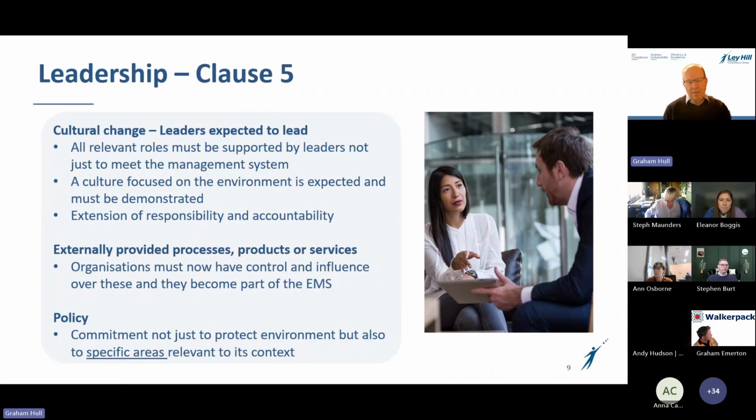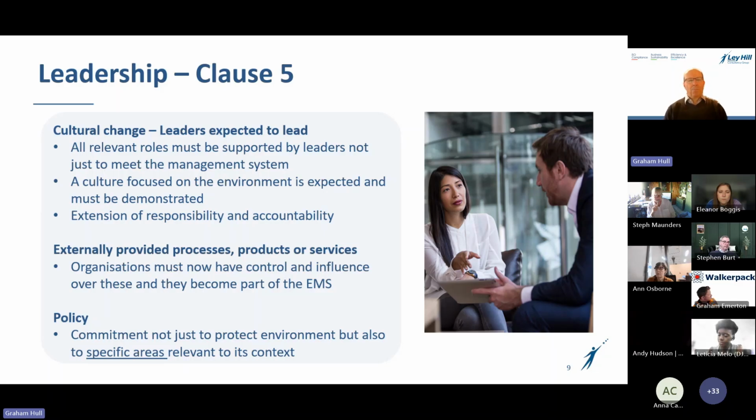In clause 5, leadership, now there's very much more emphasis on leaders being expected to lead. There's really a cultural change required here. It used to be that leaders had to just provide the resources to deliver the management system. But now it's all relevant roles.